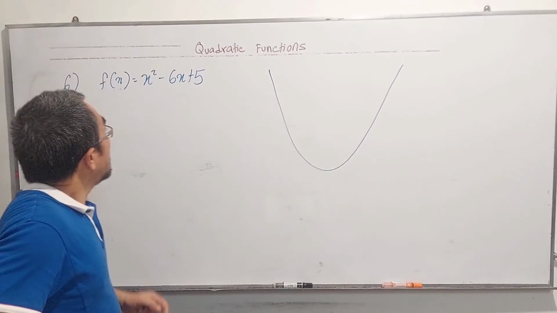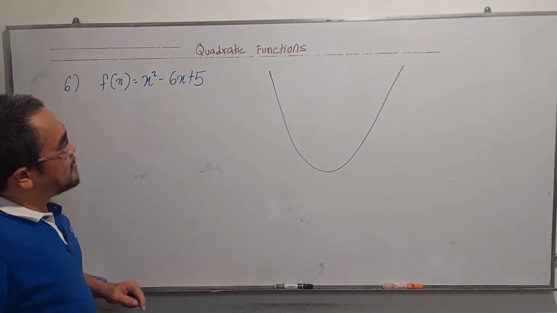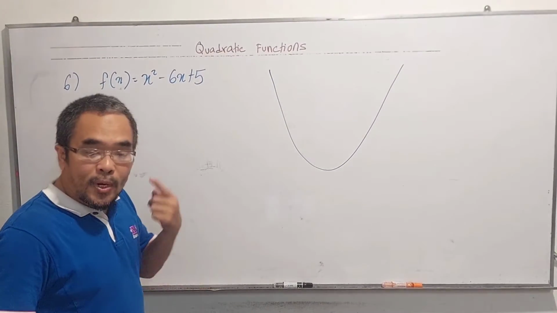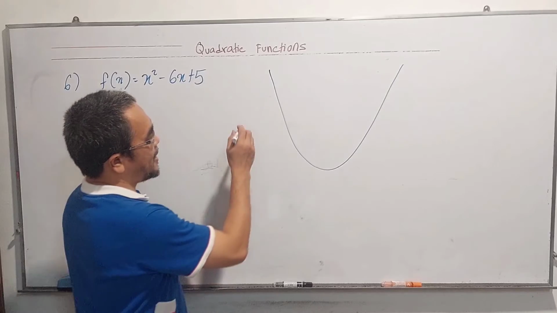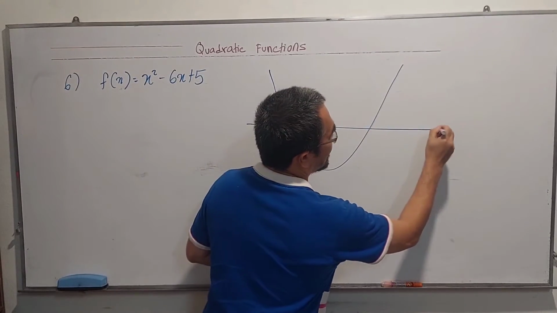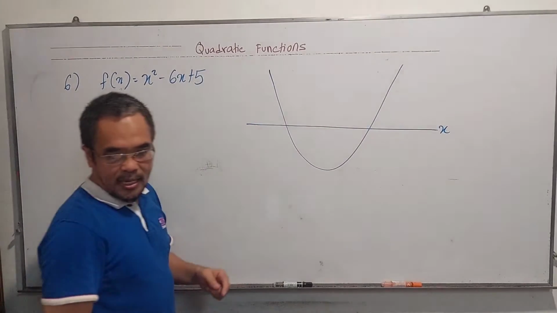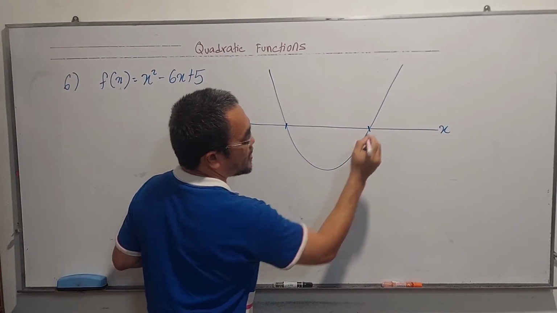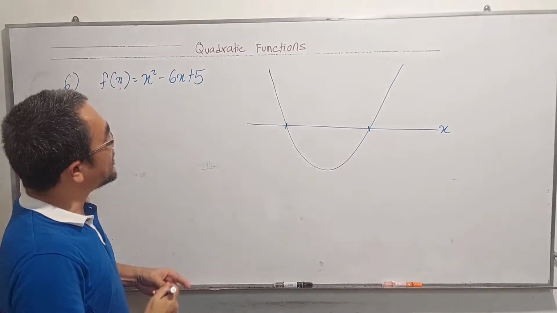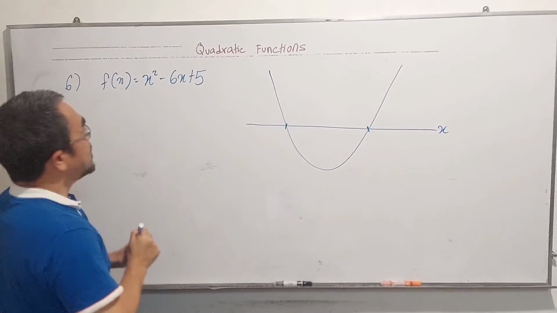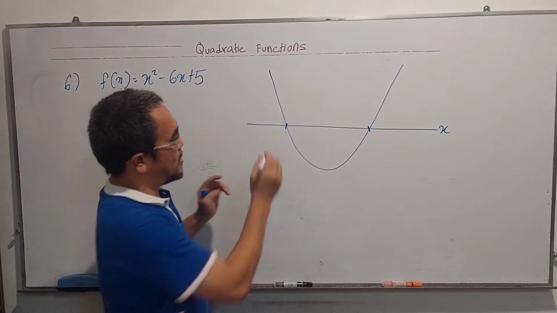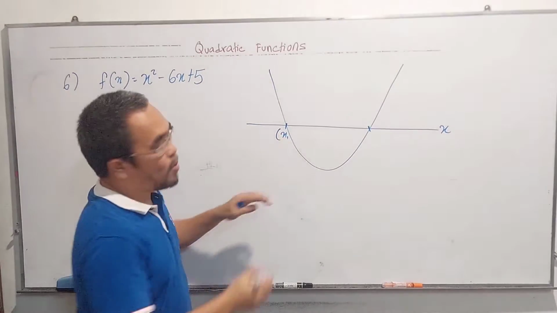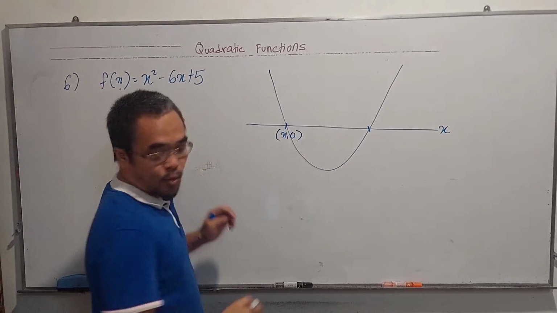Okay. So how to determine that? What I can do here is assume that the graph crosses the axis. Means there are roots for this equation. For the roots, x I do not know, but I know y is 0.